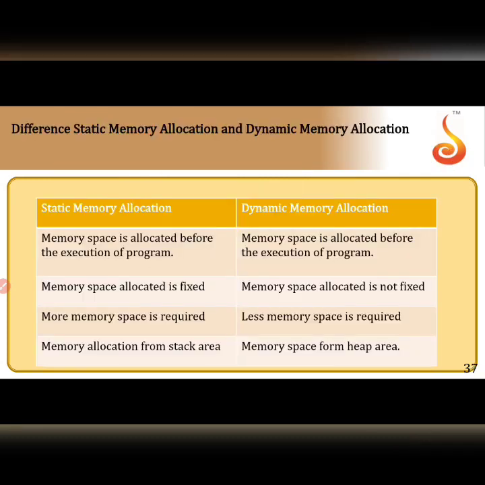After this, static memory allocation and dynamic memory allocation is a commonly asked 3-mark question. So I say, what is the difference between static and dynamic memory allocation? One more thing I have observed is whenever they ask for a difference, many students have the habit of writing it as a short note.